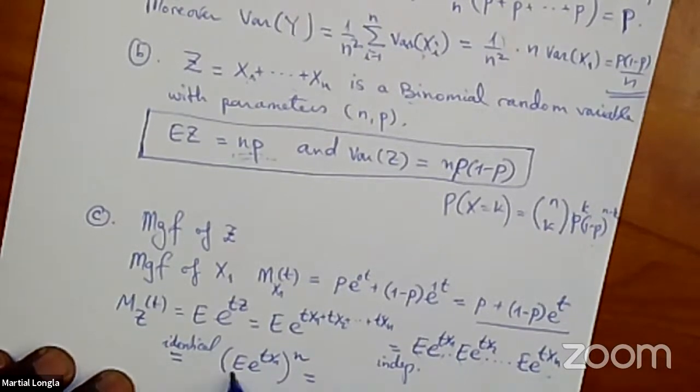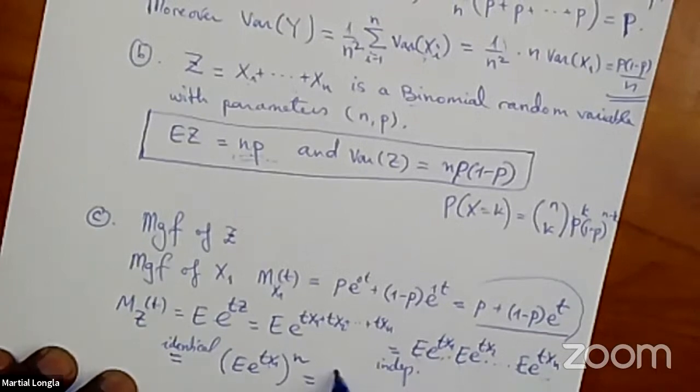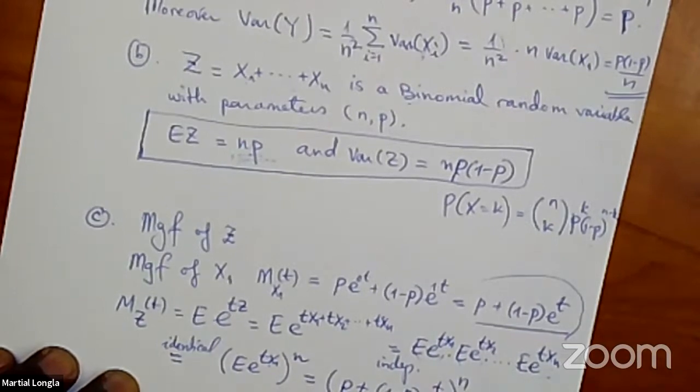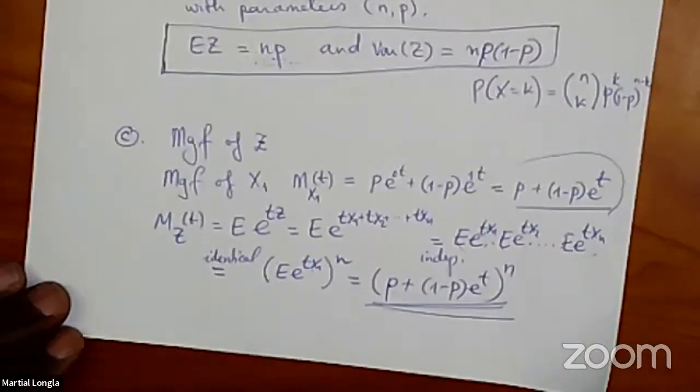And the expected value of e to the tX1 is what we just wrote here. So that is p plus 1 minus p e to the t raised to the power n. So that is the moment generating function of the binomial, and I don't need any sums to get it.